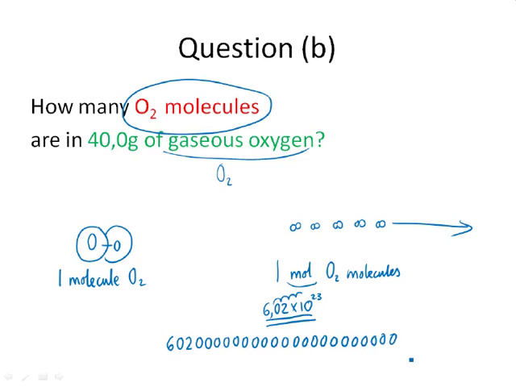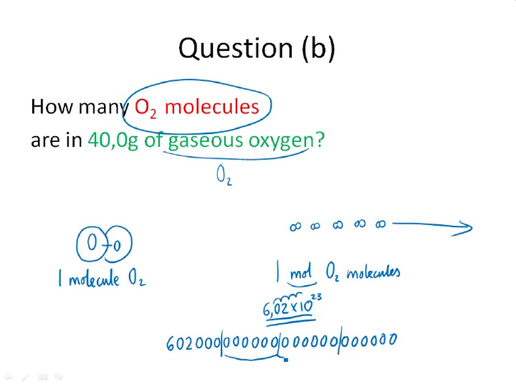This is the number of molecules in just 1 mole of O2 molecules. How can we express this number? That's 1,000,000. There we have another 1,000,000. Another 1,000,000.